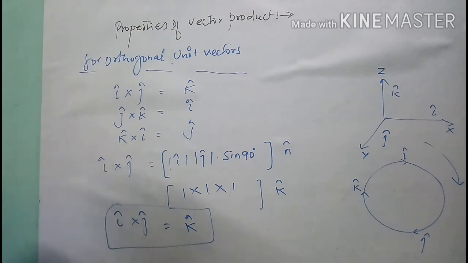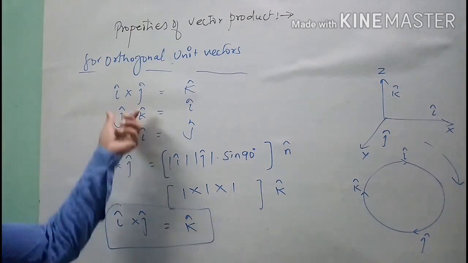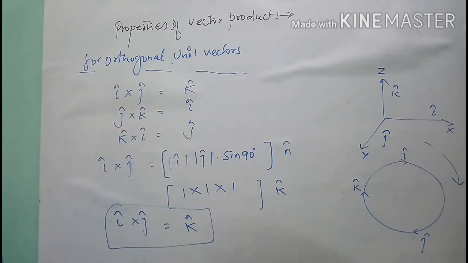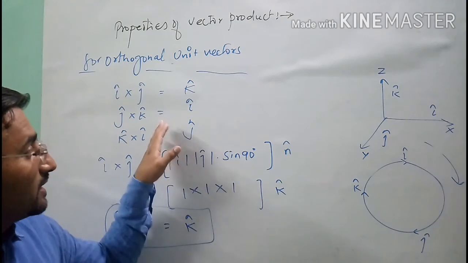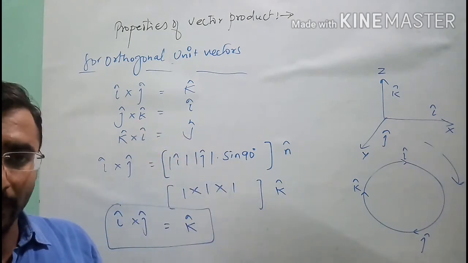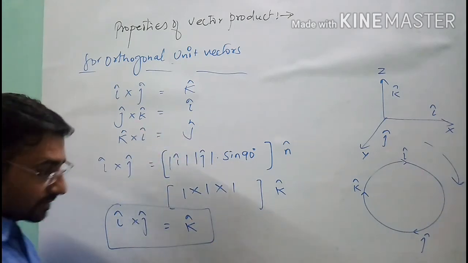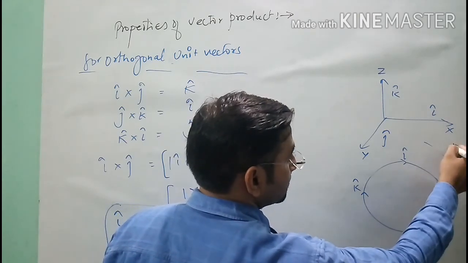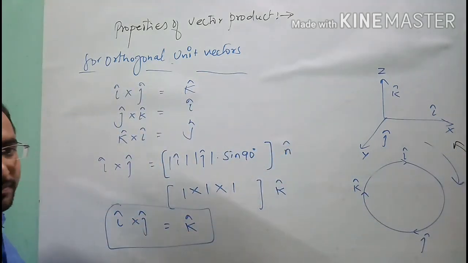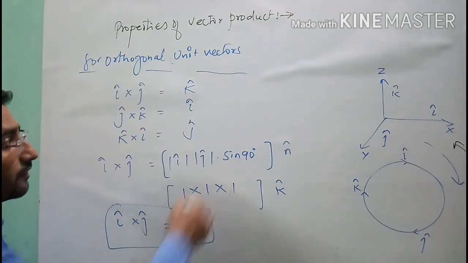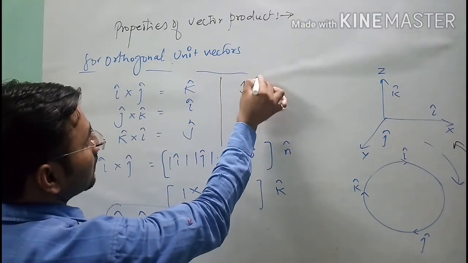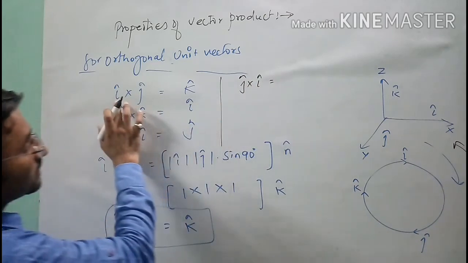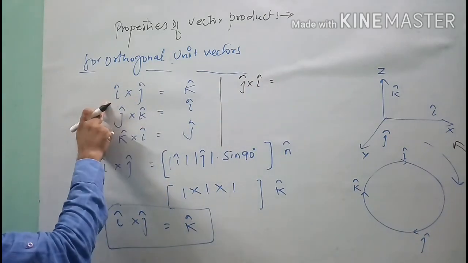Point is clear? This way, we can write all the formulas in front of you. That's why I am obeying this clockwise rule, to understand this formula easily. But suppose we are taking the rotation as anti-clockwise. In that case, if in place of this I write j cross i, student, j cross i is the reverse of this.